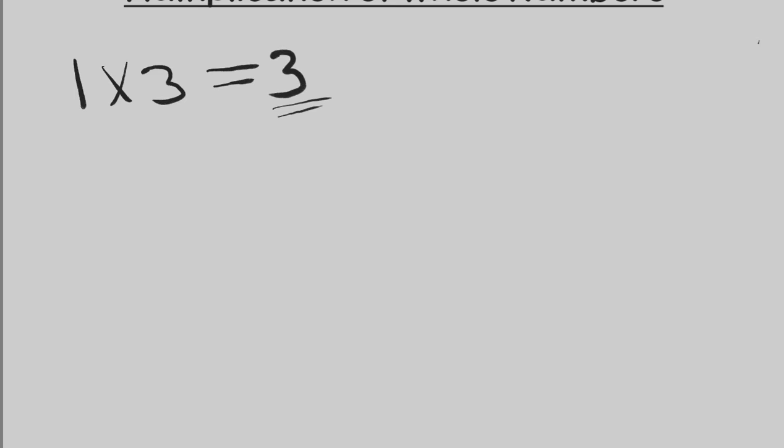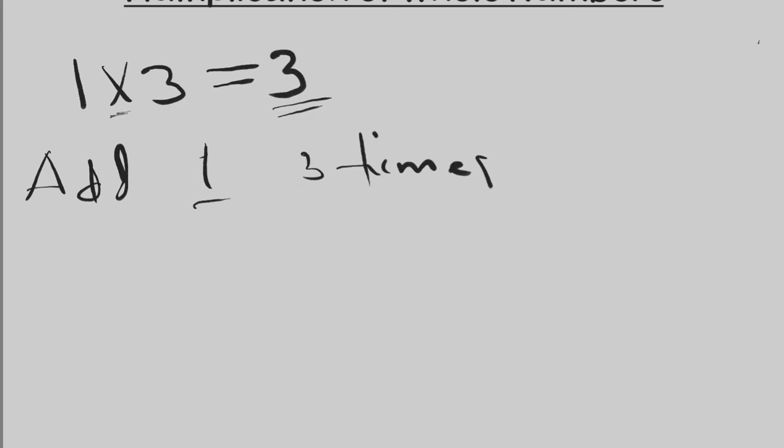What do we mean when we say 1 times 3? This sign right here, what does this sign mean? Well, let me break it down for you. When we say 1 times 3, what we are saying is add the number 1 three times. That's what we're saying.